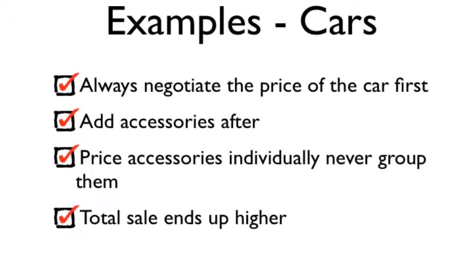So you negotiate the price of the car first, and then you add the accessories after. You price the accessories individually, just like in the clothier example. You want them to seem smaller in price, but they add up as you go along. So the total sale ends up being higher.